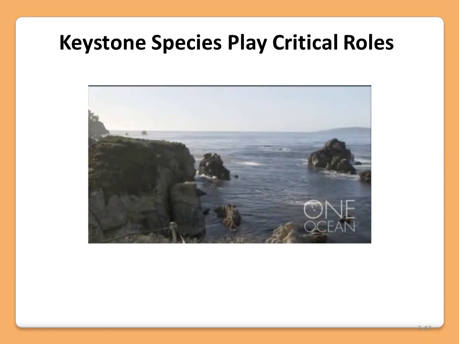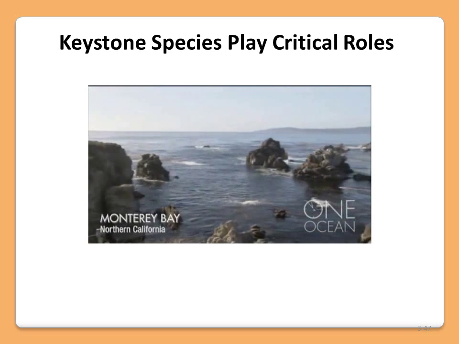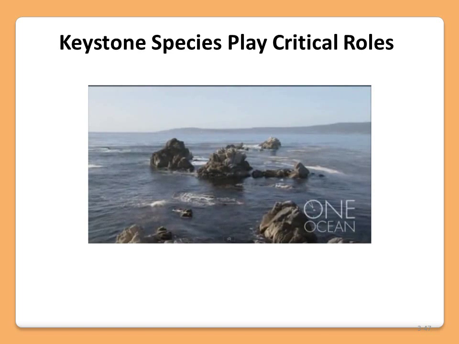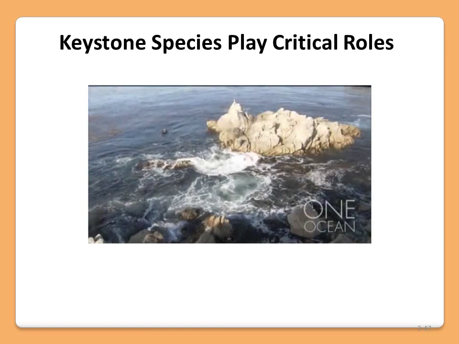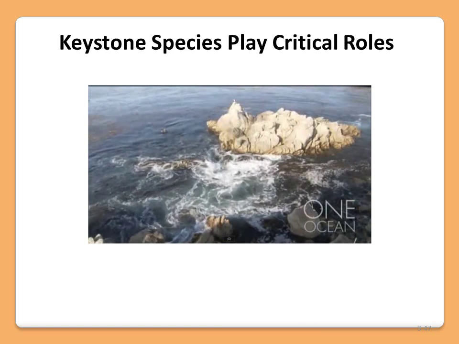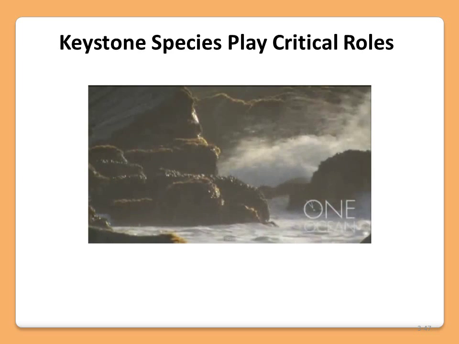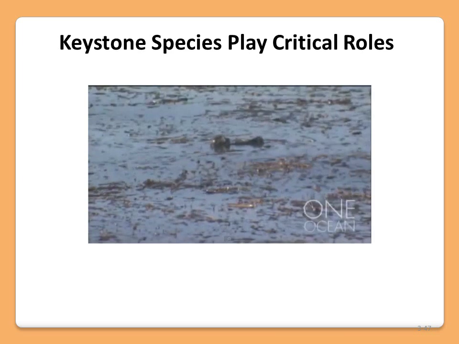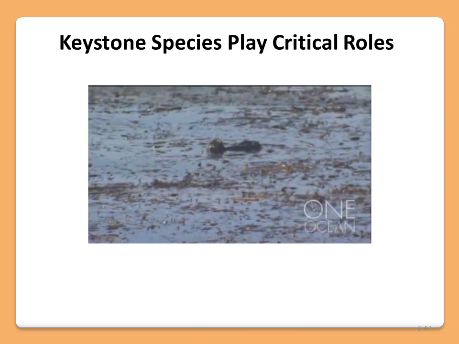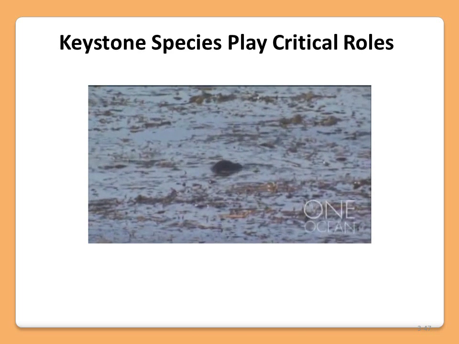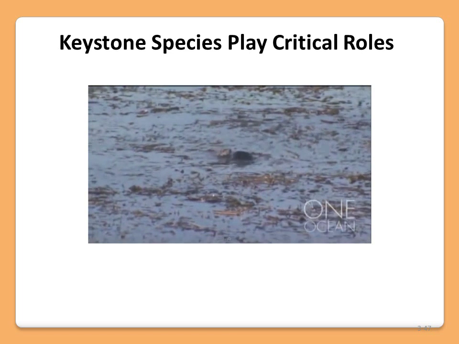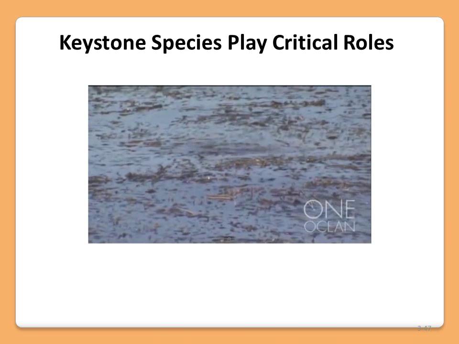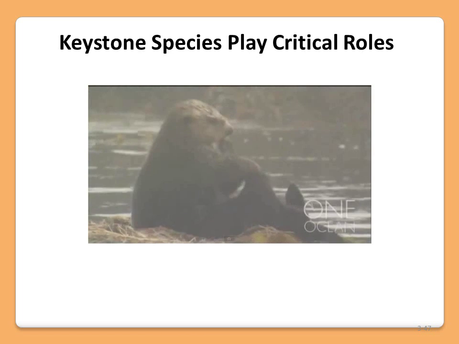Stretching down the California coast from Big Sur to Monterey Bay is one of the most beautiful marine reserves in the world. But its history teaches us that even a small change can have a huge impact on an ocean ecosystem. In the 19th century, fur trappers hunted the California sea otter to the point of extinction, and when they disappeared, the kelp forests of Monterey Bay disappeared with them.